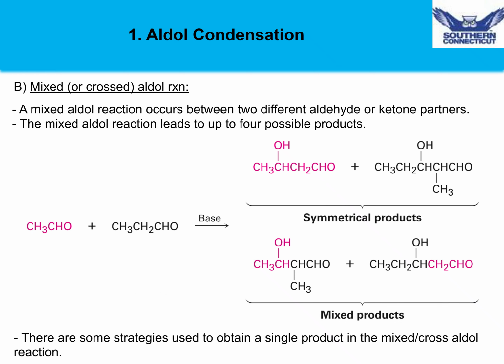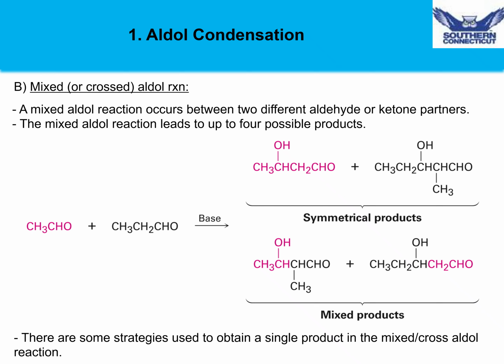Up until this point, we have looked at what are called self-condensation aldol reactions. In other words, we take one aldehyde or one ketone molecule and we react it with itself to make the aldol product. Now, it is also possible to do what we call a mixed or a cross-aldol reaction. This involves taking two different aldehyde molecules or two different ketones or an aldehyde and a ketone to make an aldol product.